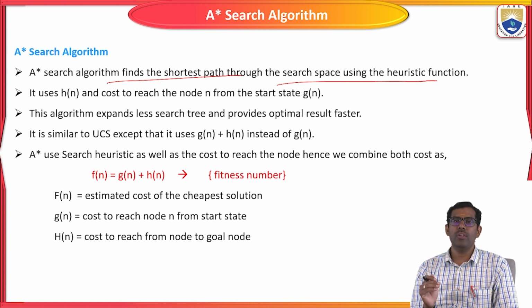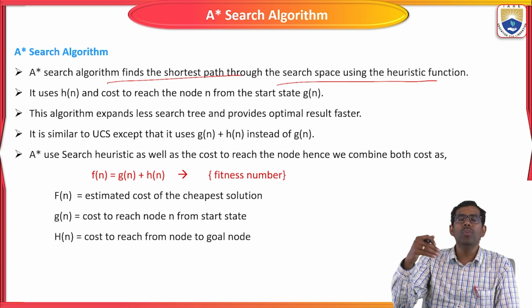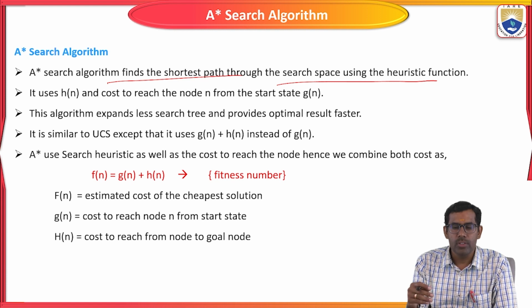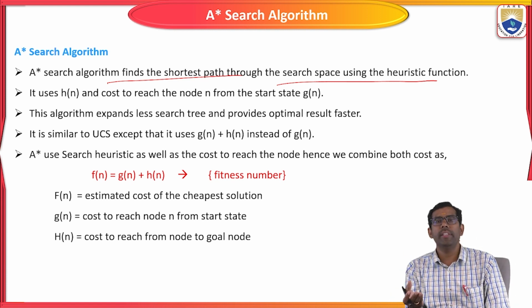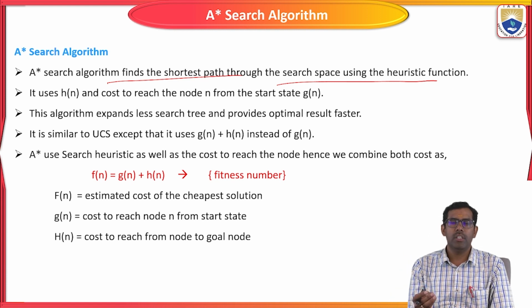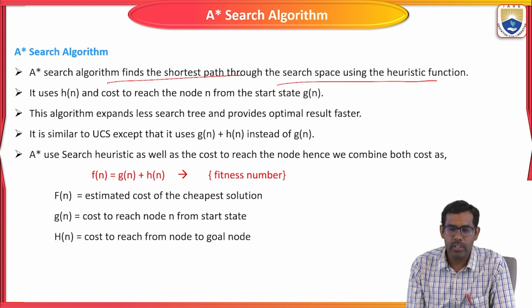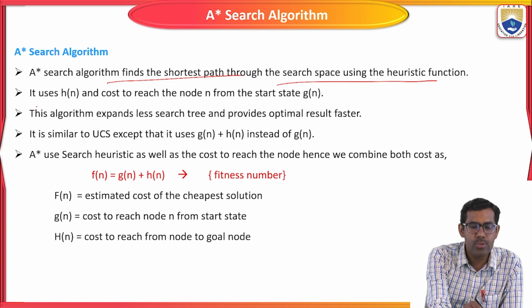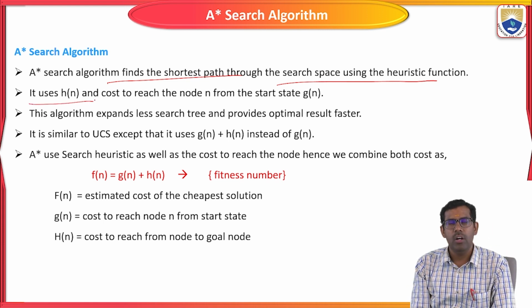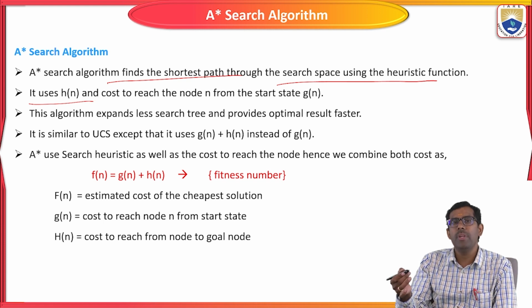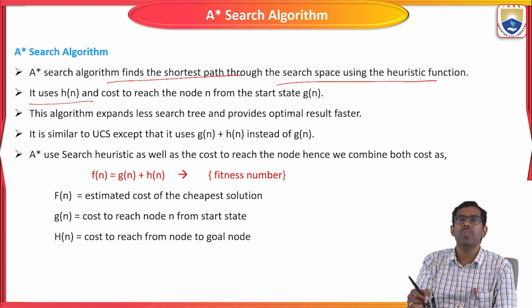What is the final goal? We have to reach from the source node to a goal node. For that, how are we going to find the shortest path using A-star search? The second point: it uses a heuristic function. In BFS we also used the heuristic function.